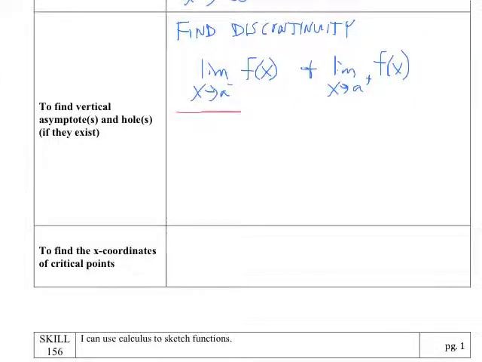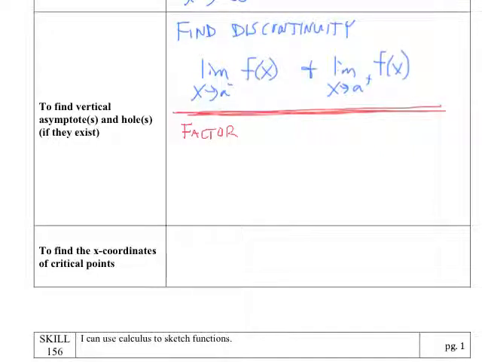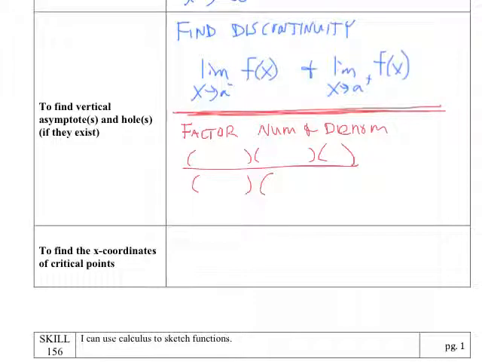Typically this will occur with rational functions, and in pre-calculus we learned that we can factor the numerator and the denominator for our rational functions, and then maybe you'll have several different factors.